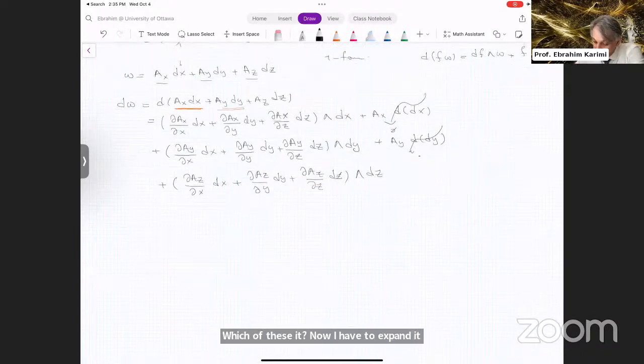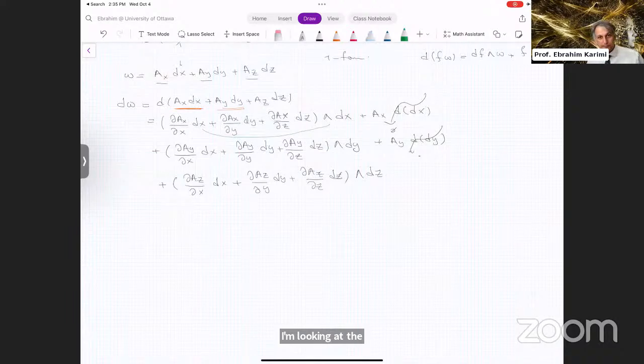dx wedge dx will be equal to, I'm looking at the Q&A, zero. Isa is correct.